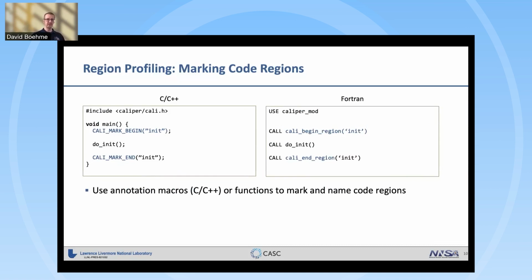You can use macros in C and C++ and functions in Fortran to do that. There are also different kinds of macros where you can annotate things like loops, loop iterations, and even really custom context information that you want to integrate into your performance analysis, like function parameters or something. As I mentioned, by default, these instrumentation markers don't really do much.